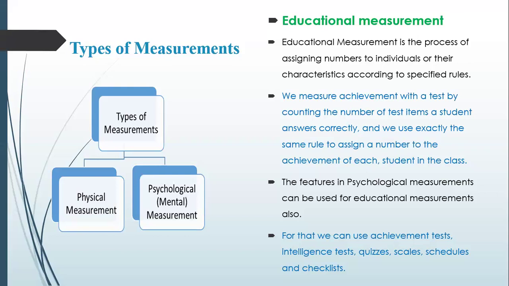So the features in psychological measurements can be used in educational measurements. For that, we can use achievement tests, intelligence tests, quizzes, scales, schedules, and checklists. So those are educational measurements.